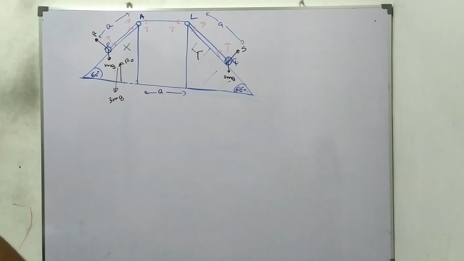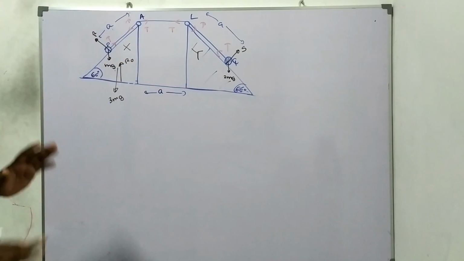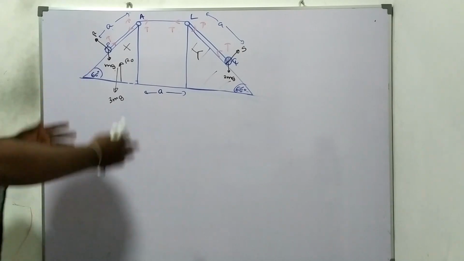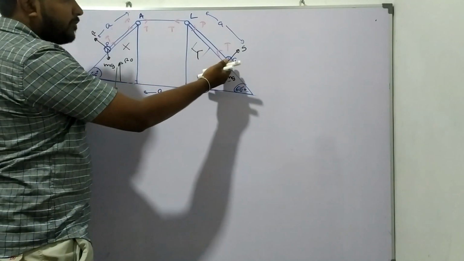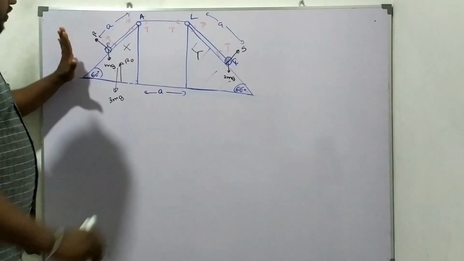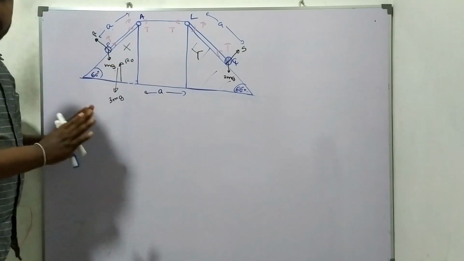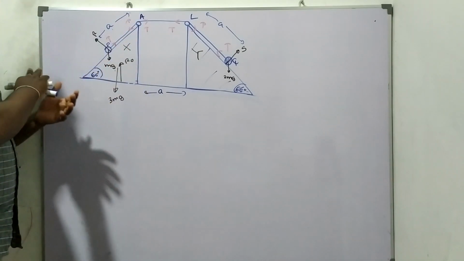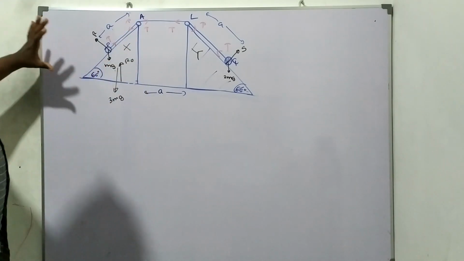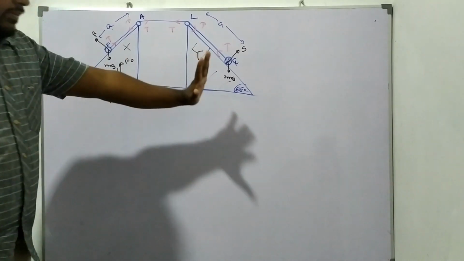Then you should assume which way this capital X wedge is going. Normally this is 2mg. This is particle Q, it's going down, and this is going up. This wedge Y is fixed, and this wedge X is not fixed, it can move. So I assume this wedge is moving to the right hand side.